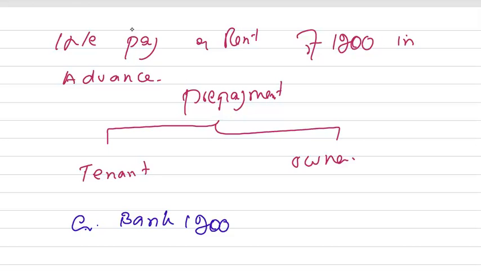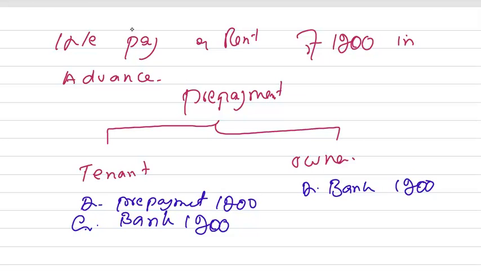And the owner of the property will have their bank account debited with 1200. Then the debit for the tenant will be prepayment, as we make a payment of 1200.